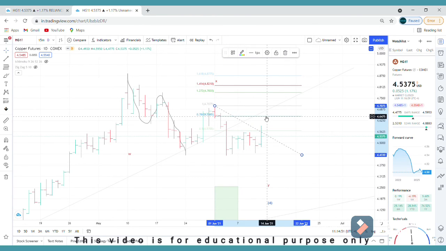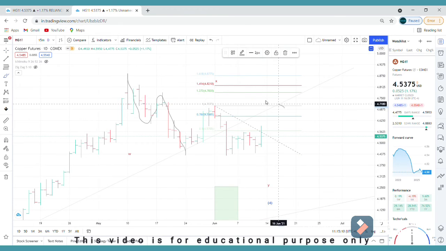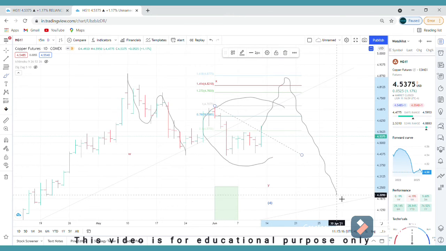But if it tries to move above this, then the maximum level up to which it can go is this 4.70. If it crosses this, then our idea of going on the downside will get defeated for that moment, and then we can expect an upside, and maybe from here again a downfall.